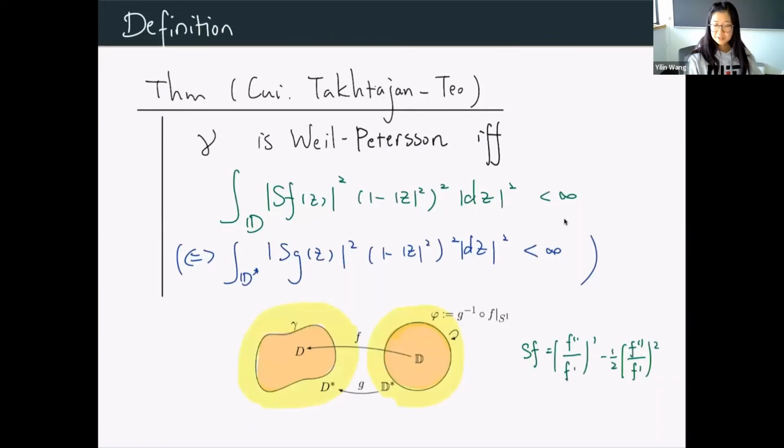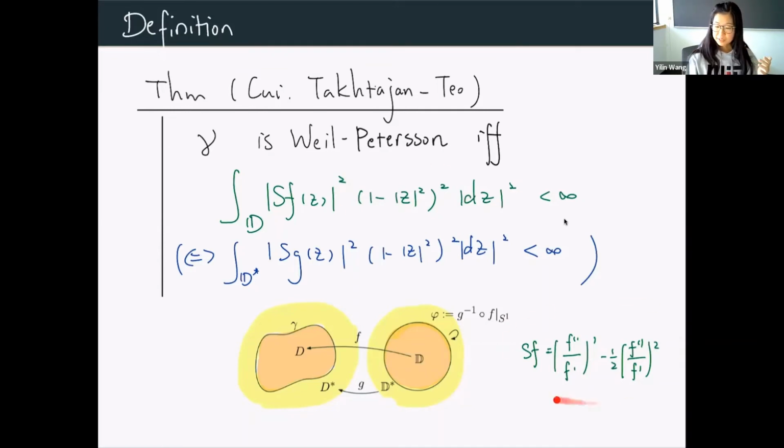Let me also give you a few examples of equivalent definitions of Weil-Petersson quasicircles. There are currently a huge number of equivalent descriptions, which look very different, but they describe the same class of curves. For instance, gamma is Weil-Petersson if and only if the Schwarzian derivative is L2 integrable with respect to the hyperbolic metric.